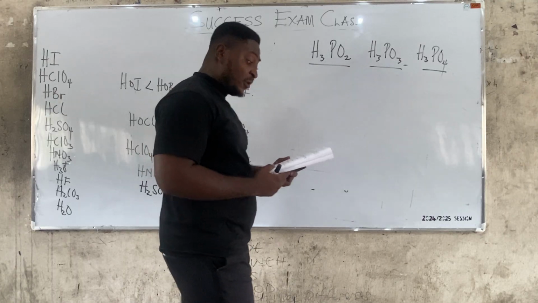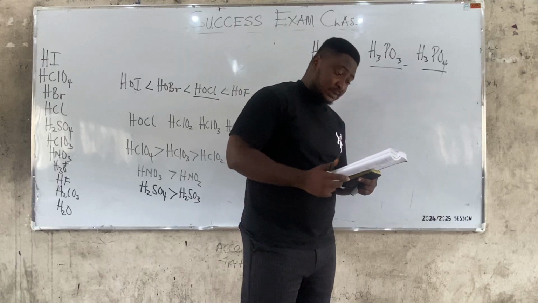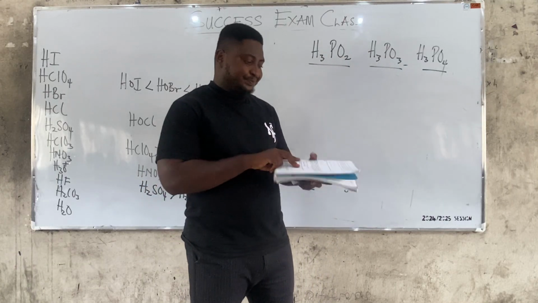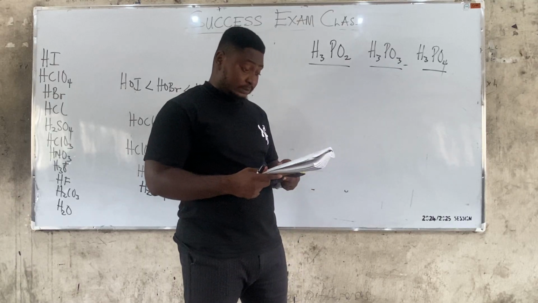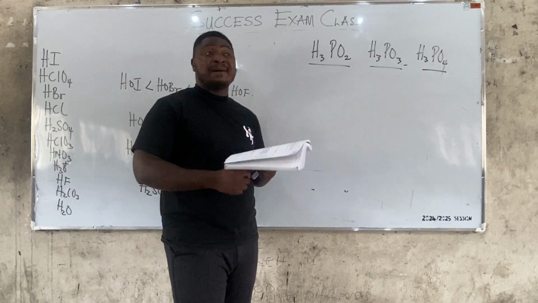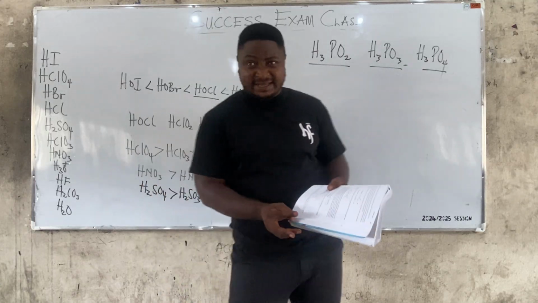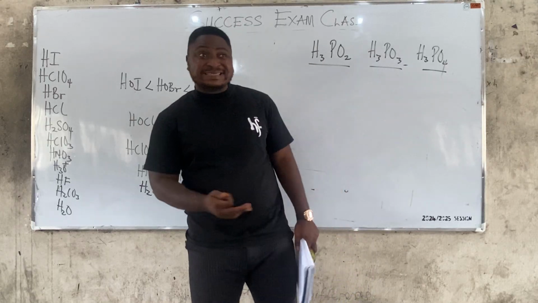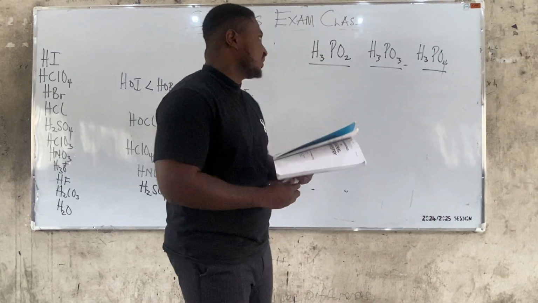Let's now look at strength of organic acids. For organic acids, you know that organic acids must contain carbon, because each kind of organic acid must be an organic compound, right? Organic compounds are compounds that contain carbon. You cannot be an organic acid if you do not have carbons.